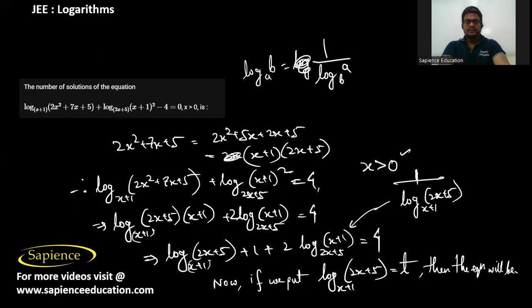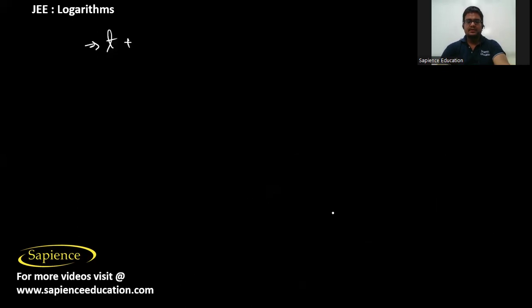Okay. So if we put this as t, then this will be equal to 1 by t. So this is t plus 1 plus 2 by t, that is equal to 4.